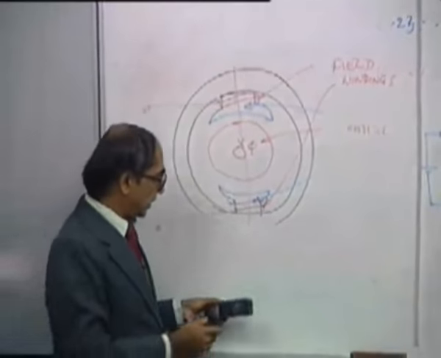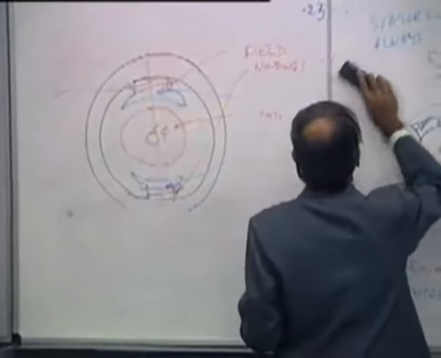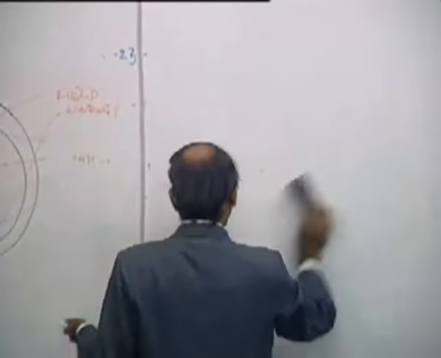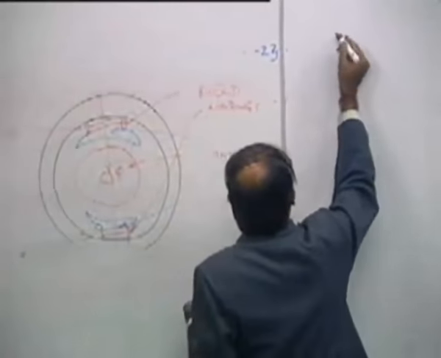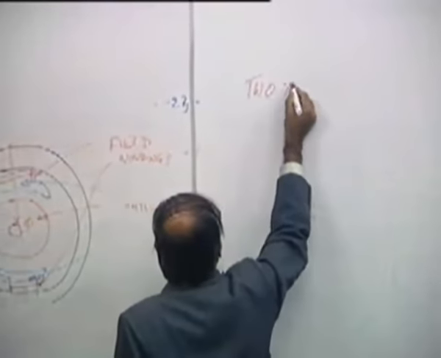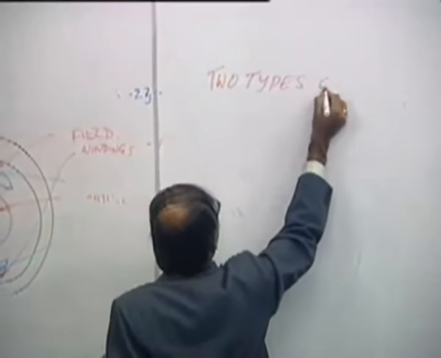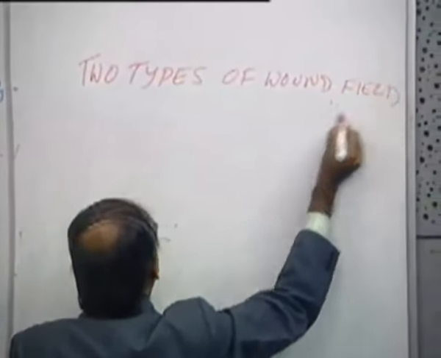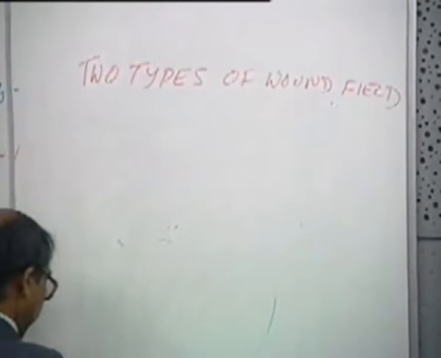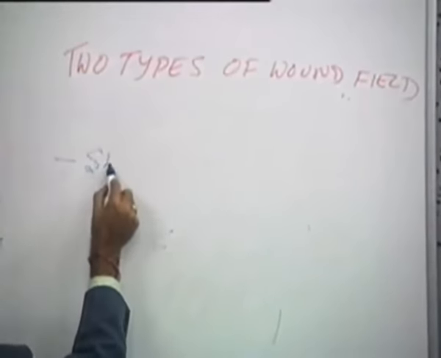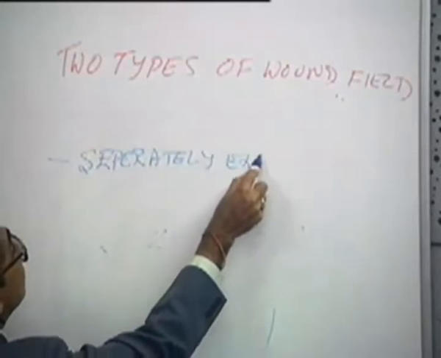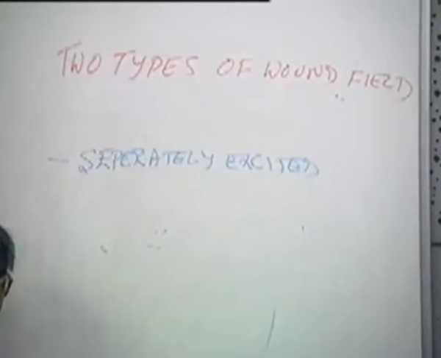So we broadly classify them into separately excited or self-excited machines. So two types of wound field. We put them as separately excited and second one is self-excited.